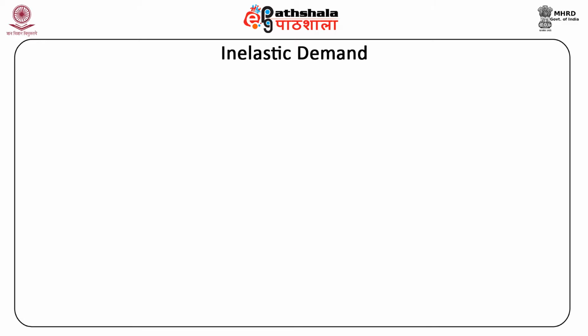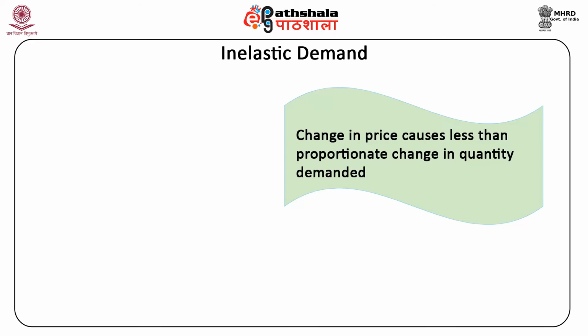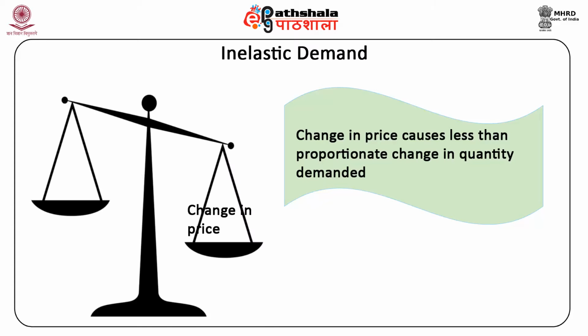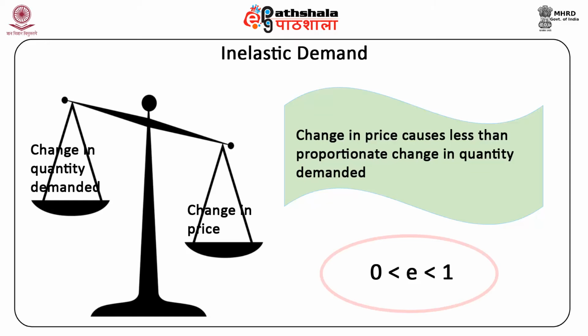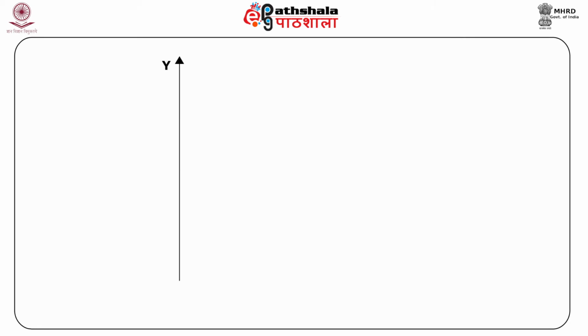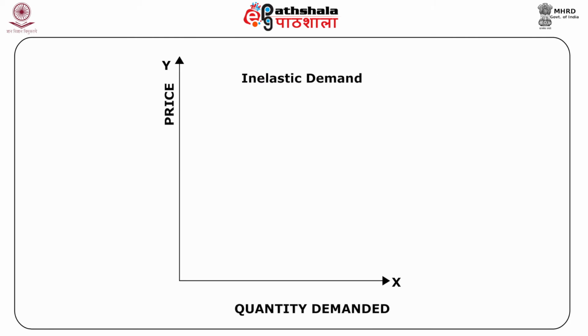Inelastic demand occurs when a change in the price causes a less than proportionate change in the quantity demanded. That is, the change in the price is more than the change in the quantity demanded. In this case, elasticity of demand would be less than 1 but greater than 0. The inelastic demand curve is steeply sloped as the quantity demanded is less responsive.